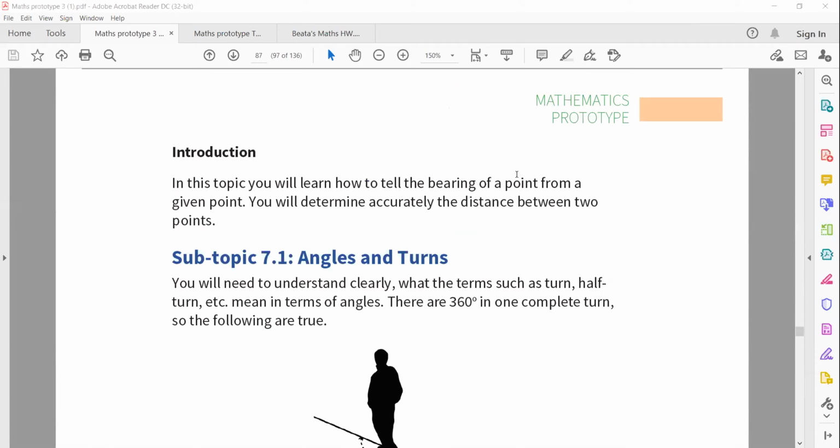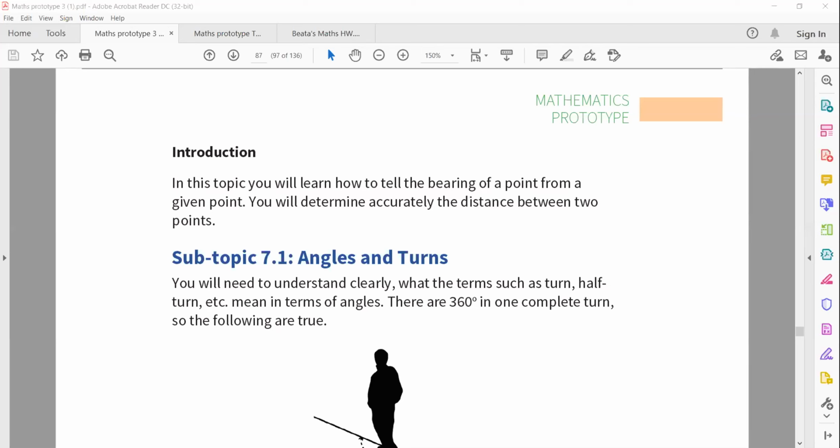Now we have the angles and then turns. Remember, we said there are some keywords. For example, angles, and then we need to know what turns are.